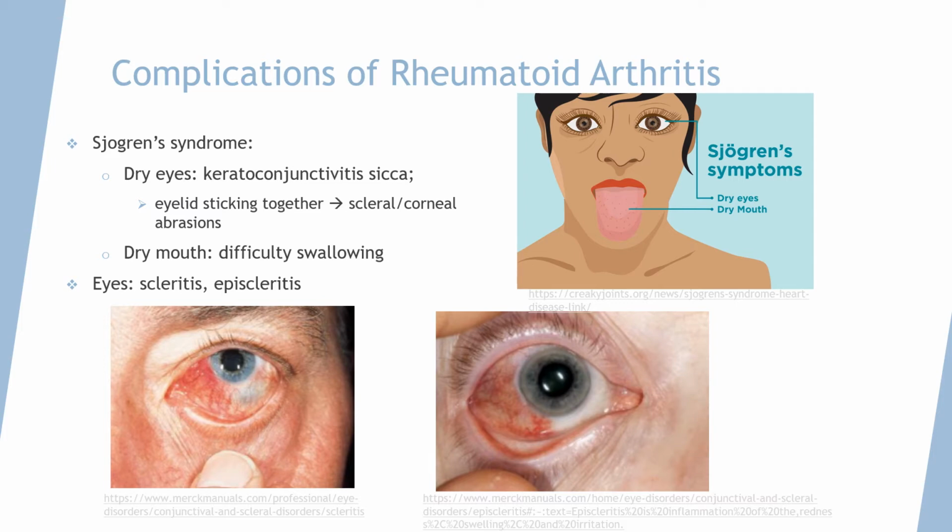Keratoconjunctivitis sicca describes eyelids sticking together because of dryness. This dryness means the lubrication system has failed as well, so that every time you blink, the eyelids leave behind scleral and corneal abrasions, little scratches that can be very irritating and painful.